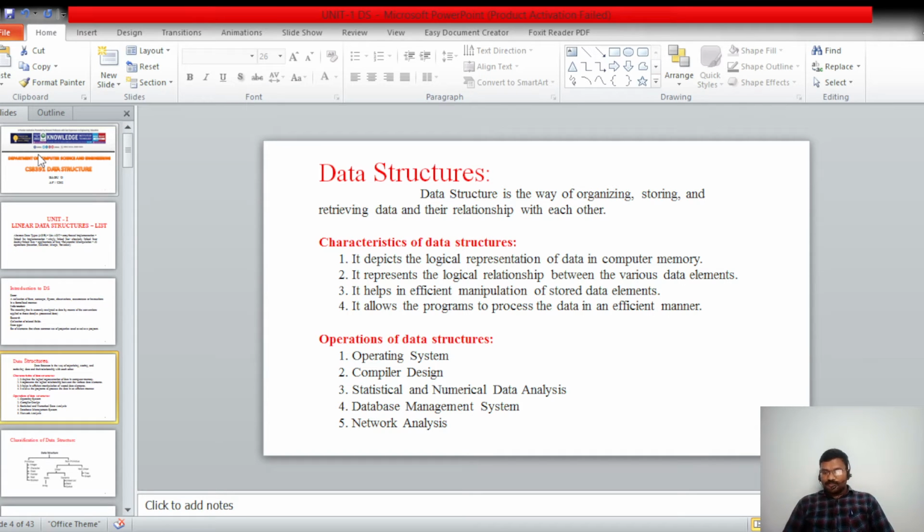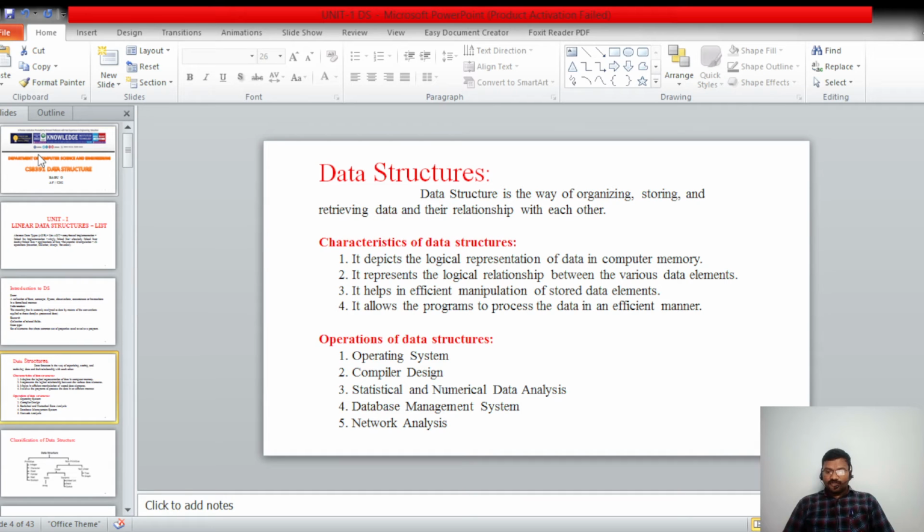Some of the characteristics of data structure: it is a logical representation of data in computer memory; it represents the logical relationship between the various data elements; it allows efficient manipulation of stored data elements; and it allows programmers to process the data in an efficient manner.